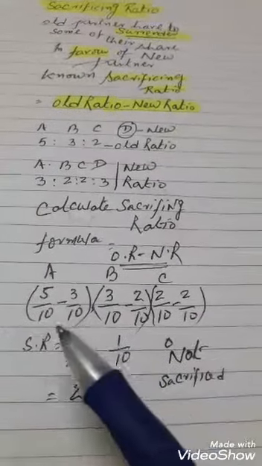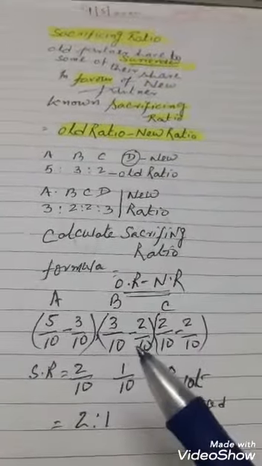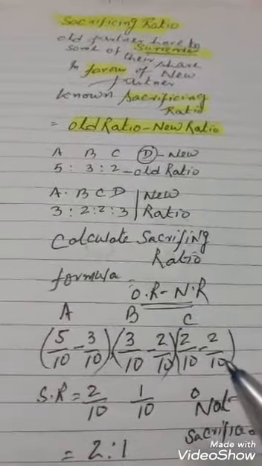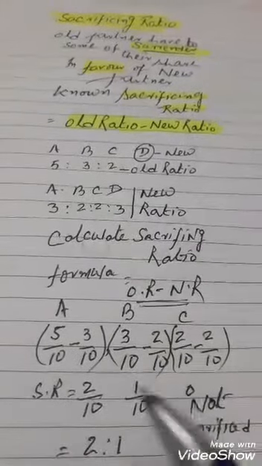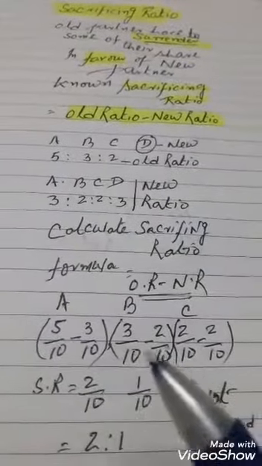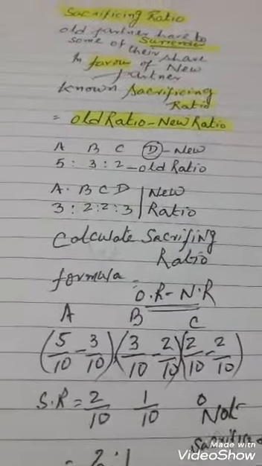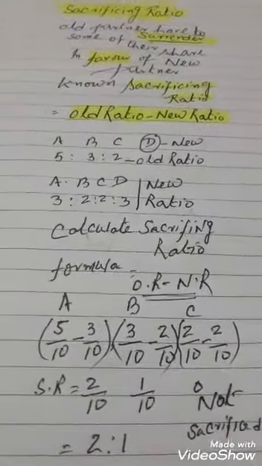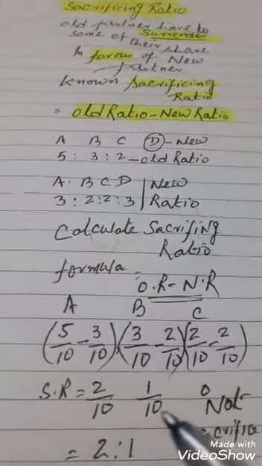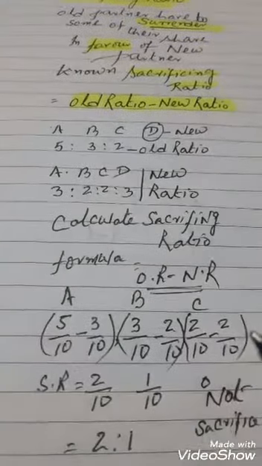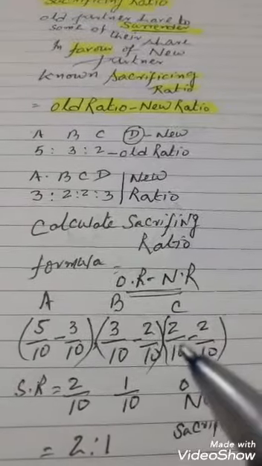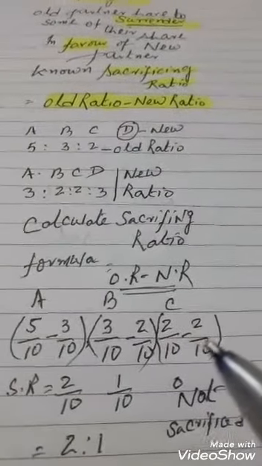That is for A, that is for B, and that is for C. When we deduct old minus new, old minus new, old minus new, the result is 2/10, 1/10, and C will not make any sacrifice because old ratio is 2/10 and new ratio is 2/10.